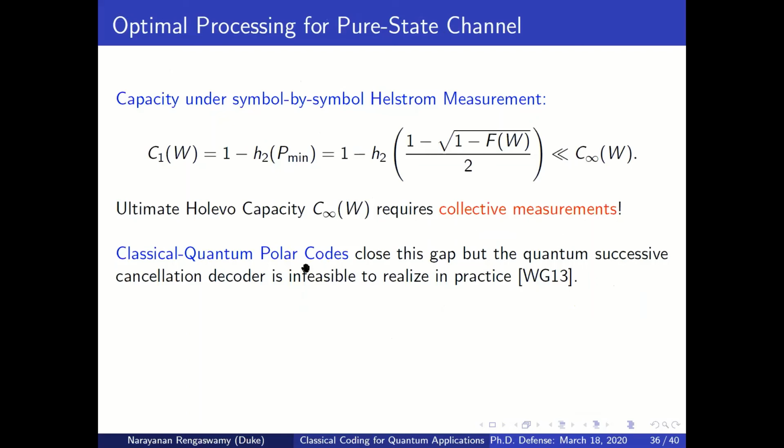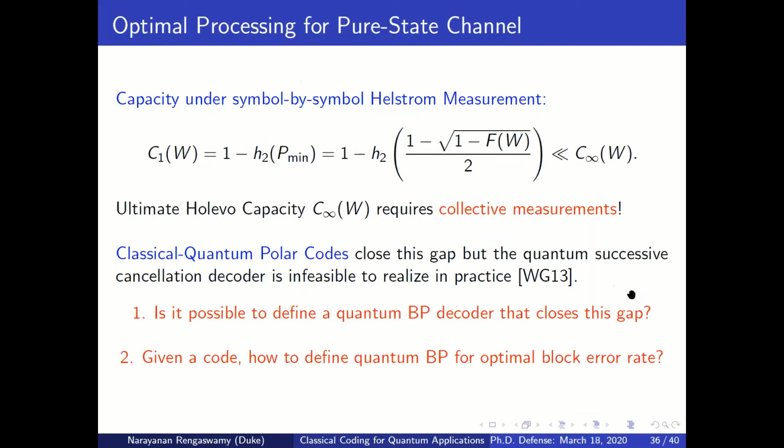And this is what these polar codes in the classical-quantum setting actually do. But the decoder is complicated. It's a theoretical construct, and it's hard to actually build in the lab. So the question is, can you use this belief propagation idea to define a quantum BP algorithm that closes this gap? And this is asymptotic. Capacity is an asymptotic thing.